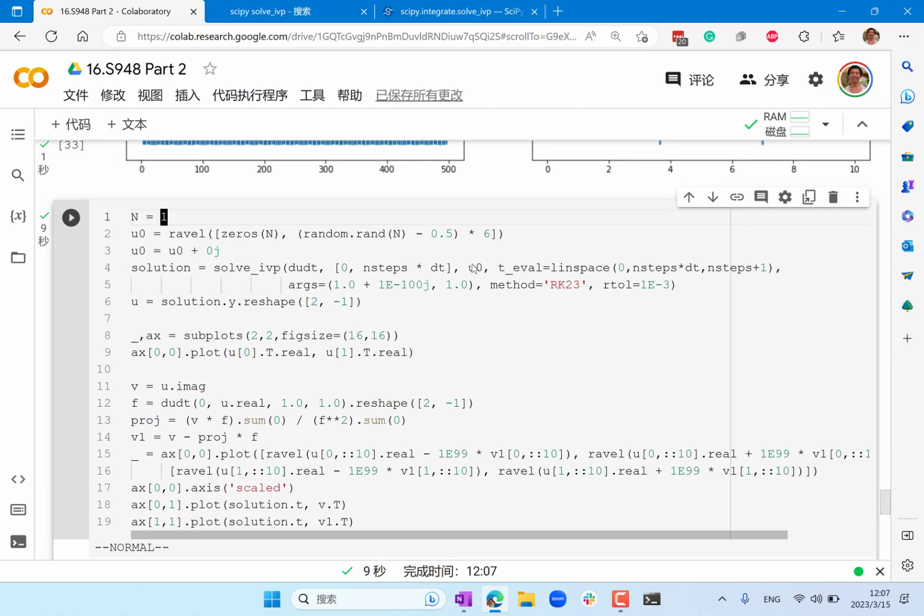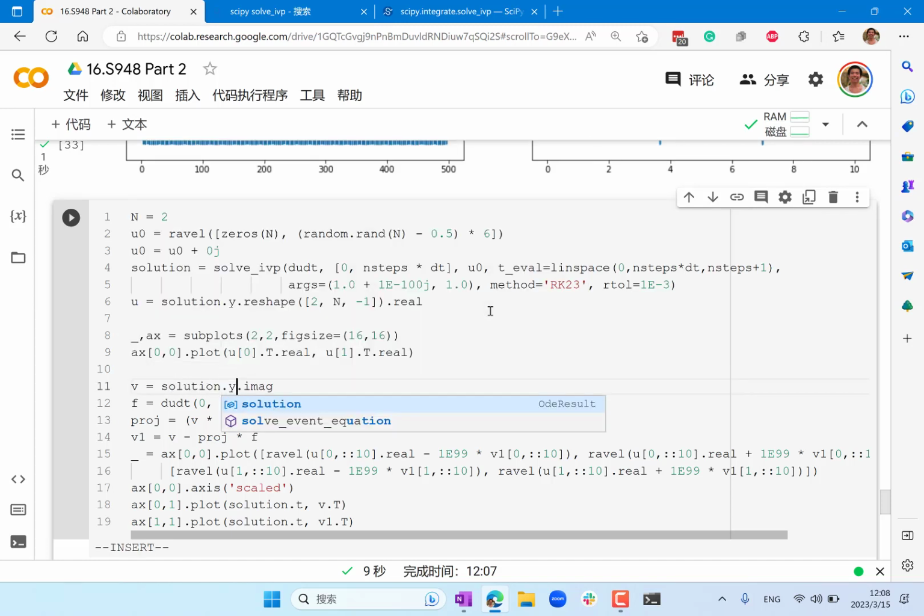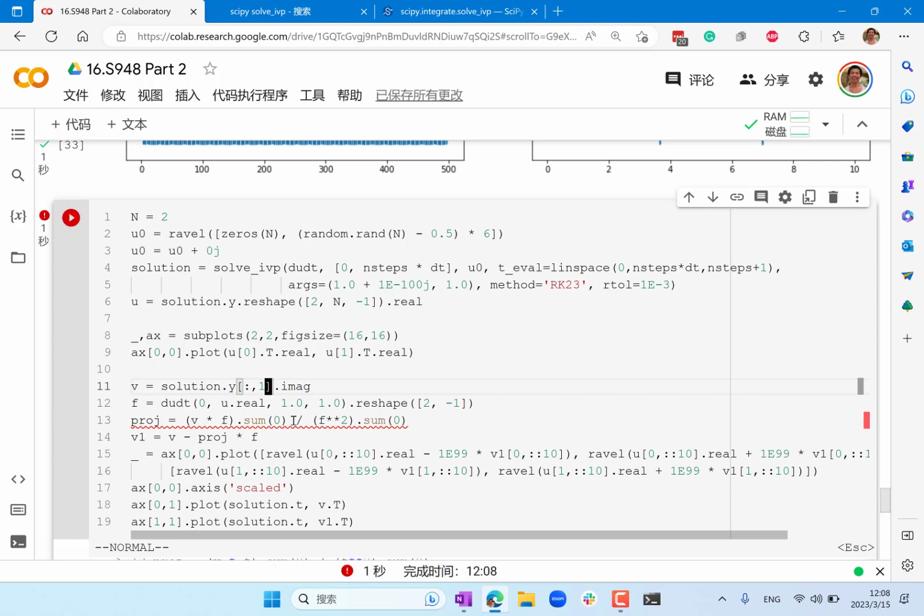So basically, the first task is trying to reproduce that, right, with our two tangent solutions. Let me make n equal to 2, n dot real, and solution dot y dot image, and let's make sure we get the same thing.